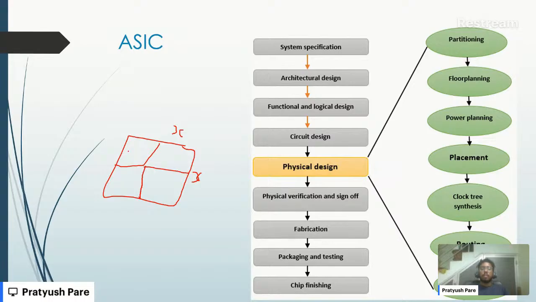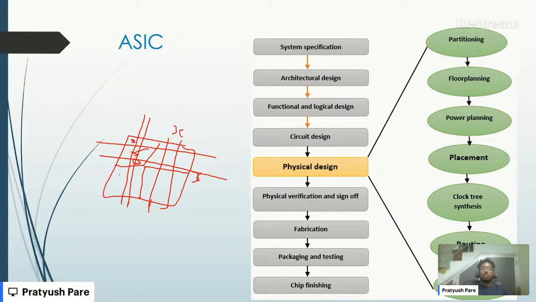Then you will have some power rails, and you will do the power planning. This IP uses lots of power, so I will put it here, and the other IP I will put it there, so that there is no heating, coupling, anything like that. Then we do the placement, which is also dependent upon everything.